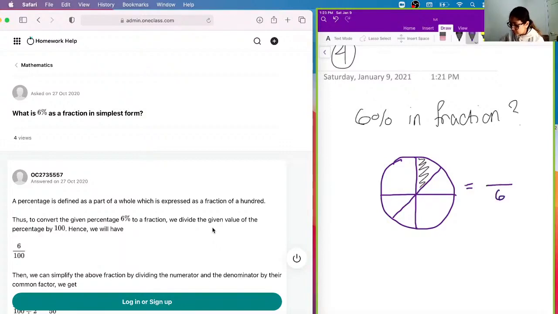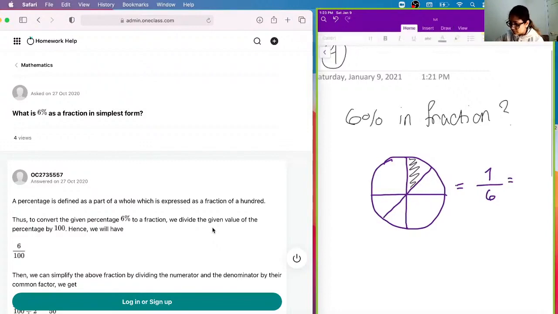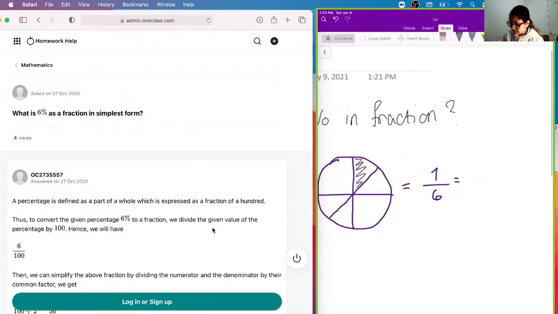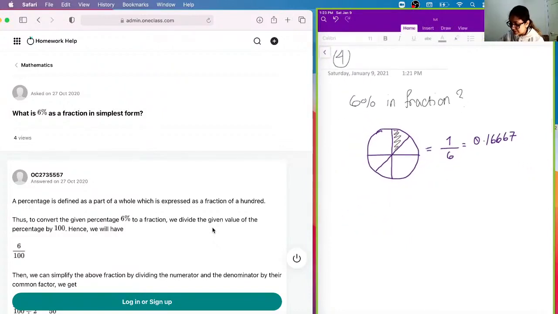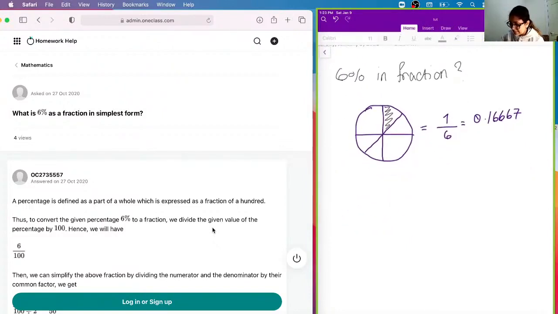And since 1 is colored, this is how you would write it as a fraction, 1/6. Okay. However, the percentage of this, you would just divide this 1/6, which is basically 0.1667.